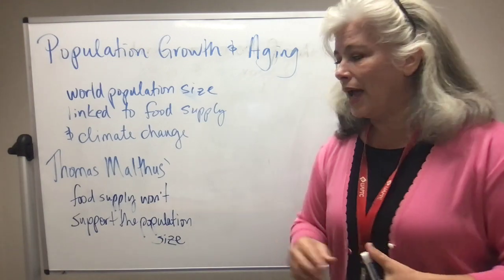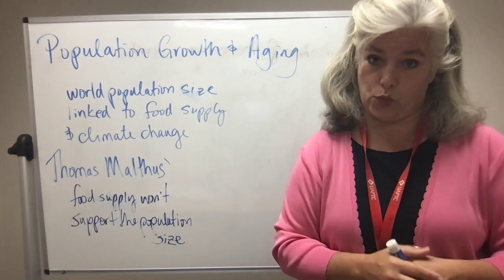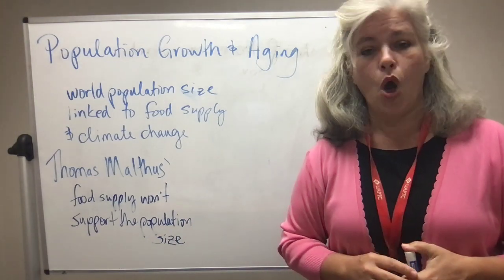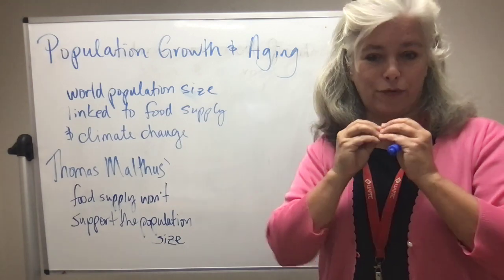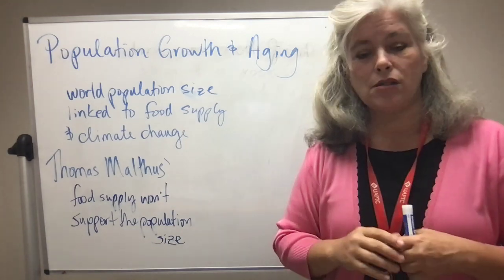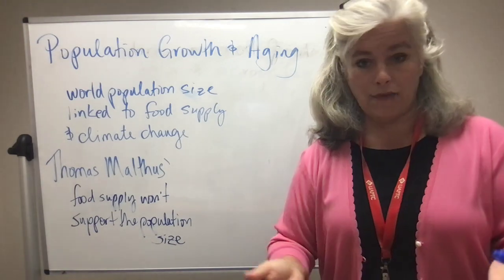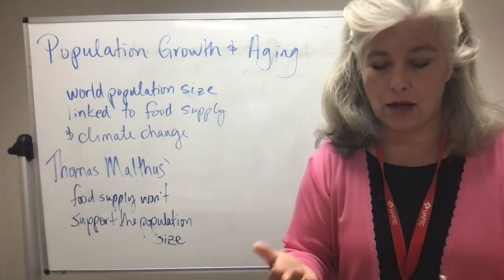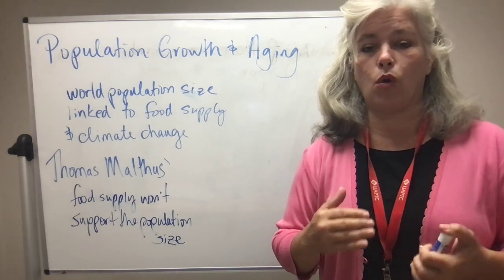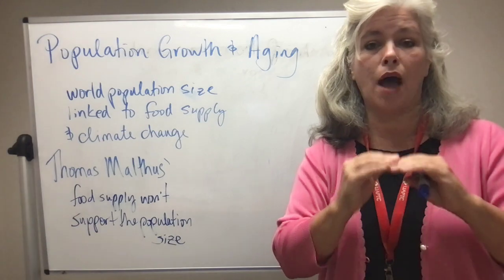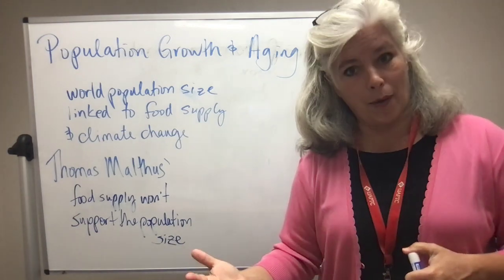in Europe. And so one of his major warnings about population growth was that, in his prediction, the way that he could foresee the future, he saw a world where, with the land available and the crop technology that we had at the time, the food supply would not be able to keep up with the number of people in the population.